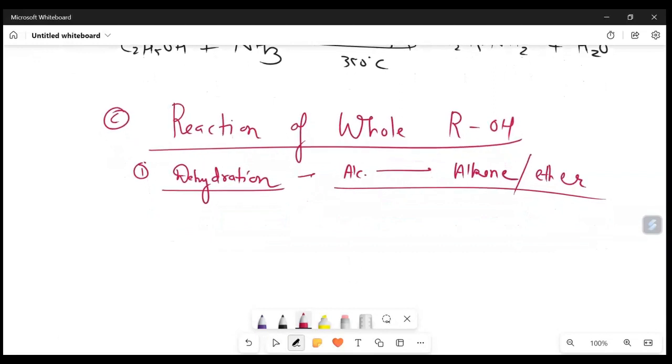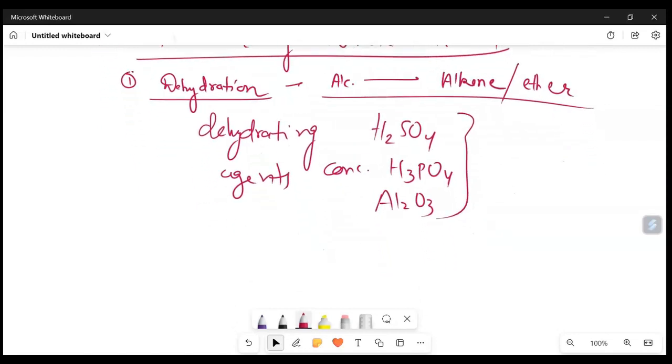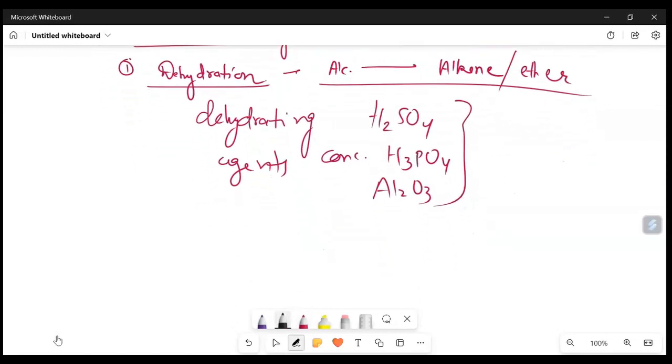We are going to use some dehydrating agents like H2SO4, concentrated H3PO4, and Al2O3. These dehydrating agents convert alcohol into alkene or ether. Let's discuss one by one.